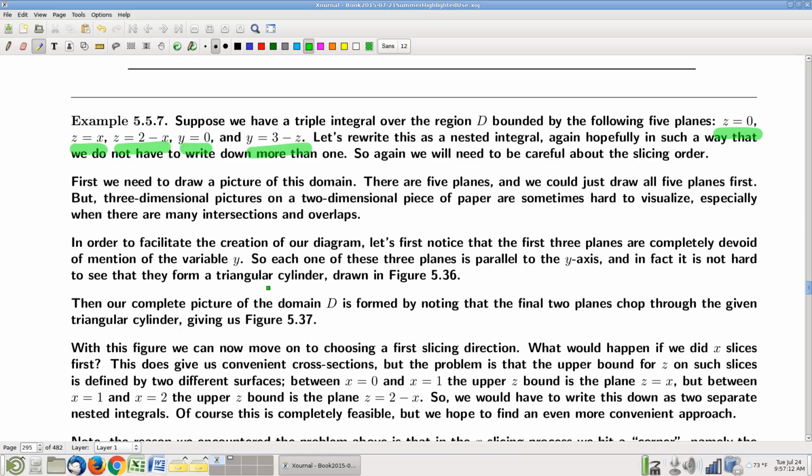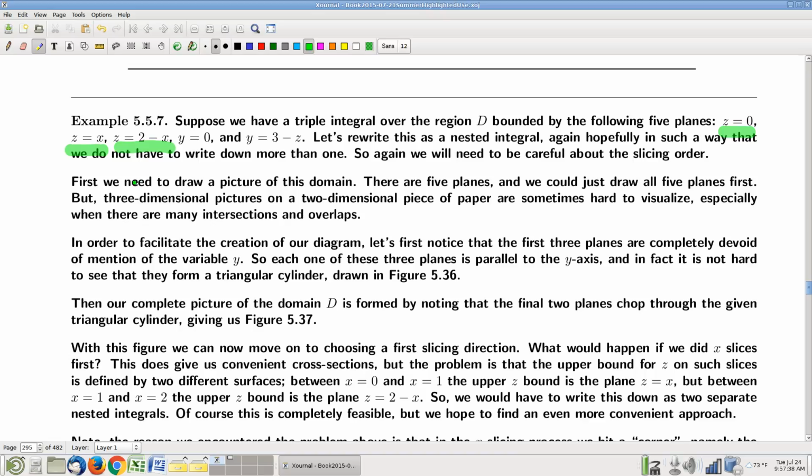Okay. So the other reason I like this example is as an excuse to talk about a neat method for understanding what solids look like, and I think it is useful. I want to point out that these first 3 planes, z equals 0, z equals x, and z equals 2 minus x, all have a common and important shared feature in that their equations have no y's in them.